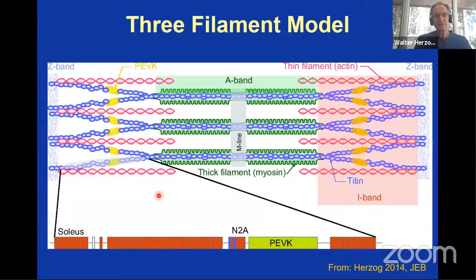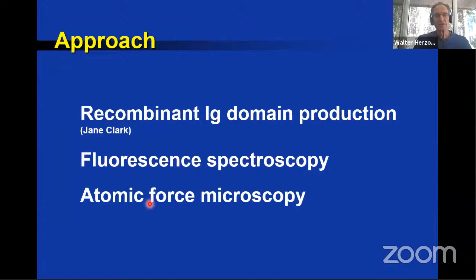And we focused on these areas here, the so-called immunoglobulin domains, primarily because there are so many of them. And we thought maybe if calcium bound to these immunoglobulin domains and made them stiffer, then maybe that could explain the result that we just have observed on the entire myofibril.